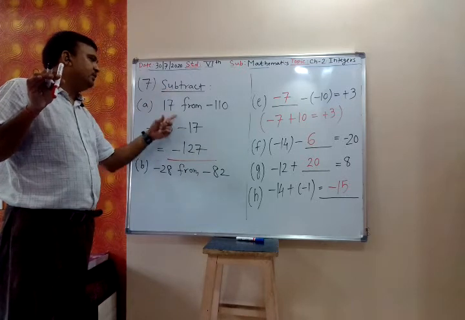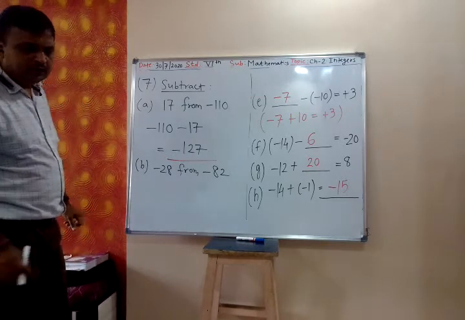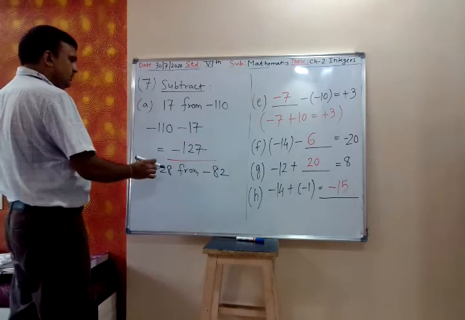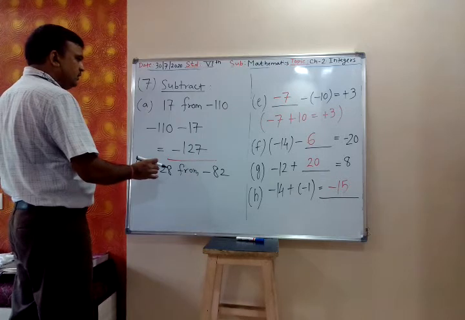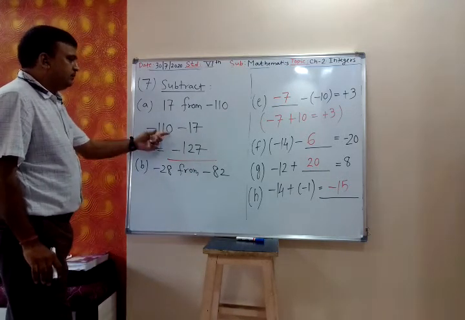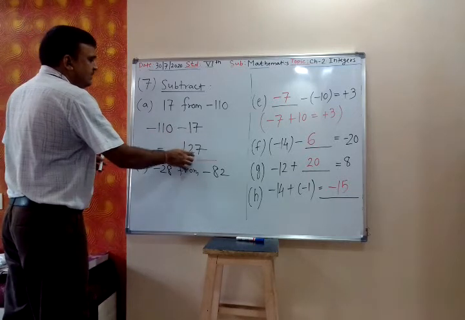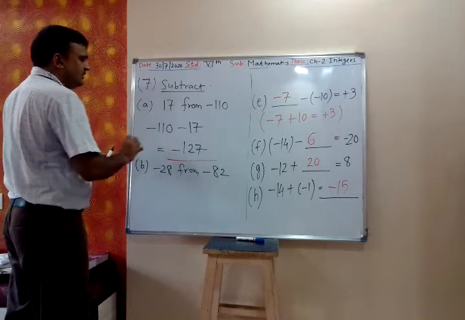Subtract means minus. Which number? 17. So minus 110 minus 17. With the minus sign, you have to add the numbers and take the common sign, minus.